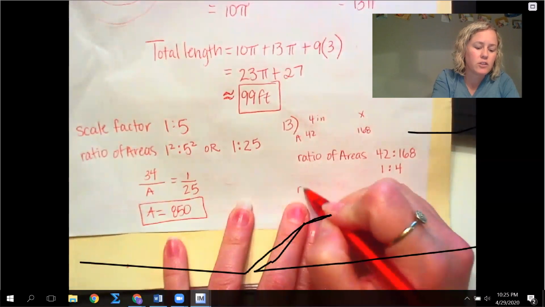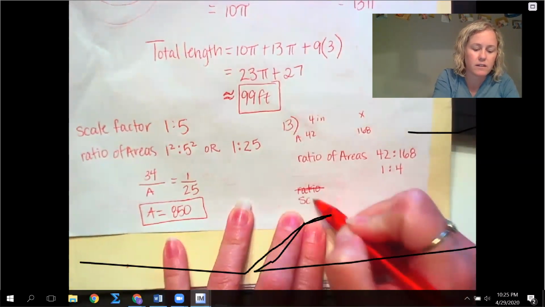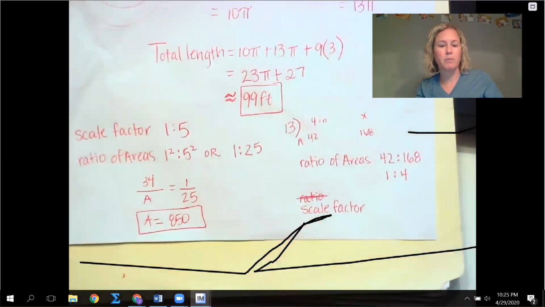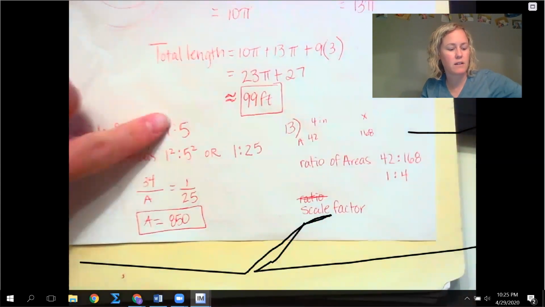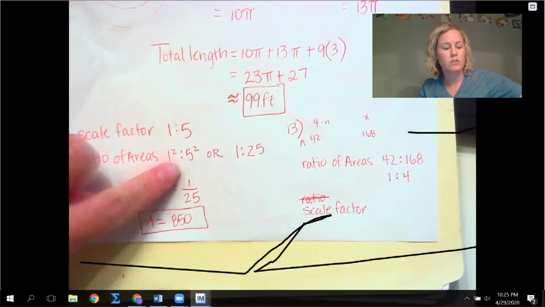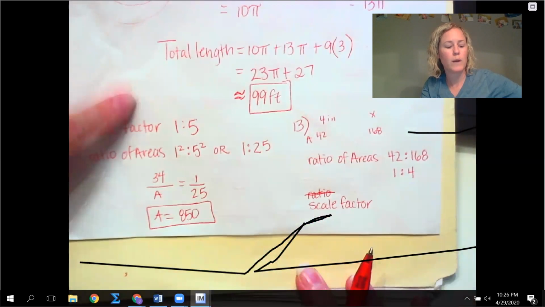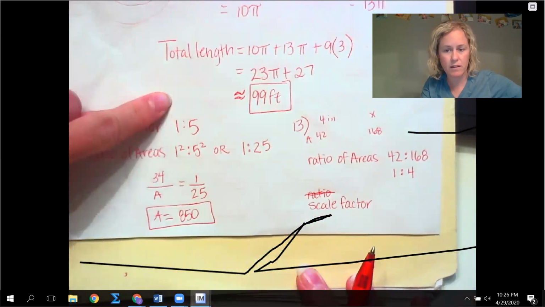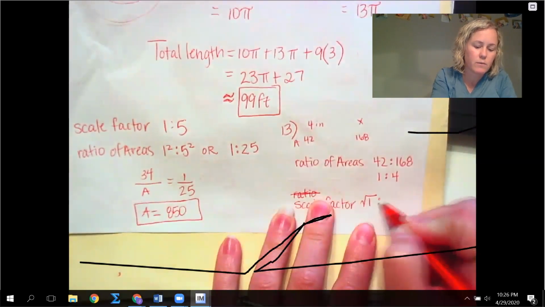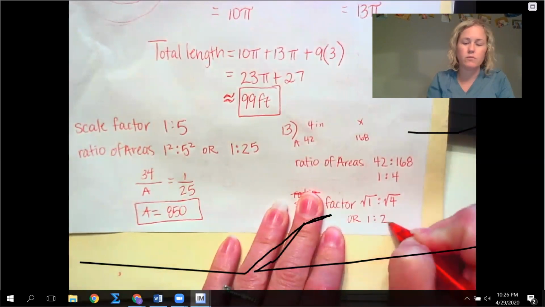That means the ratio of sides, or the scale factor, let's just call it scale factor. Remember on the previous problem, we went from scale factor to ratio of areas, and we had to square it. So if we're going from ratio of areas back to scale factor, we need to take the square root of it, okay? So our scale factor is the square root of 1 to the square root of 4, or 1 to 2.